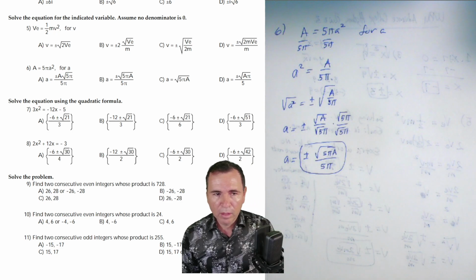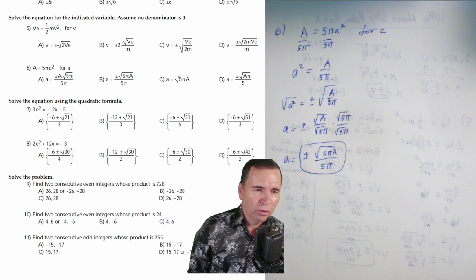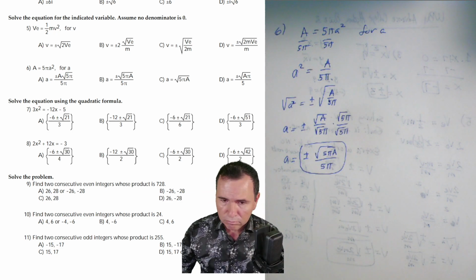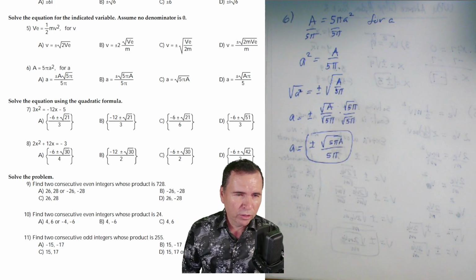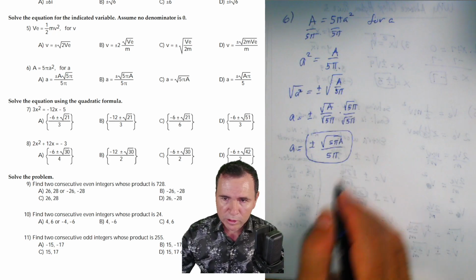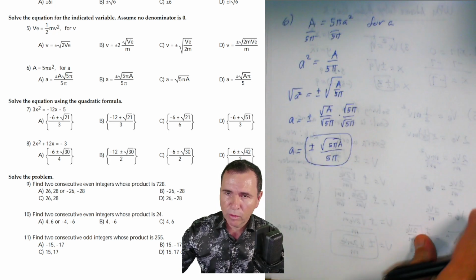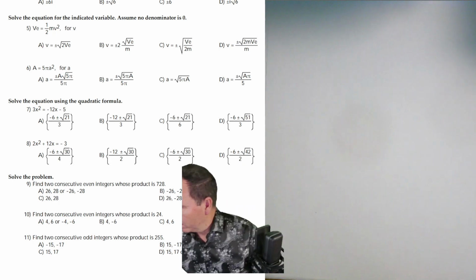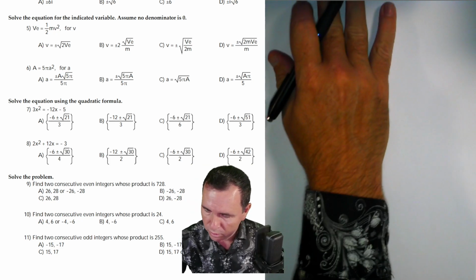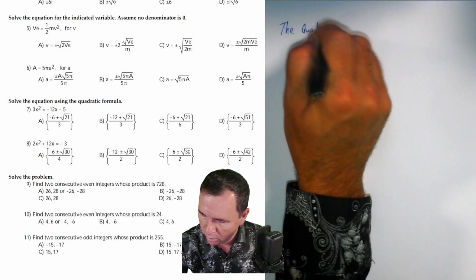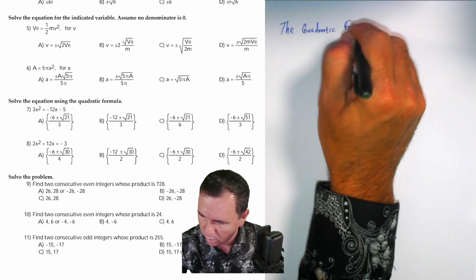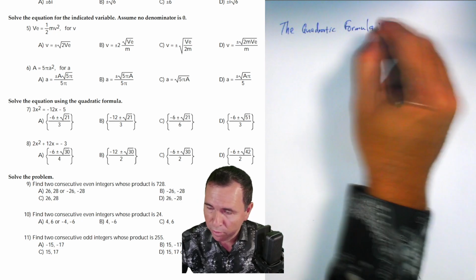Okay. All right, let's go ahead and do number 7. Number 7 says solve the equation using the quadratic formula. So the first thing that we need to remember is, what is the quadratic formula? So the quadratic formula is the following.